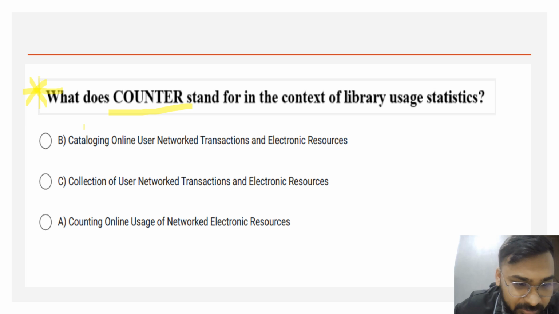No. Counting online users of networked electronic resources. Cataloging online users network transaction. I think this would be the correct option. Cataloging online users network transactions and electronic resources.